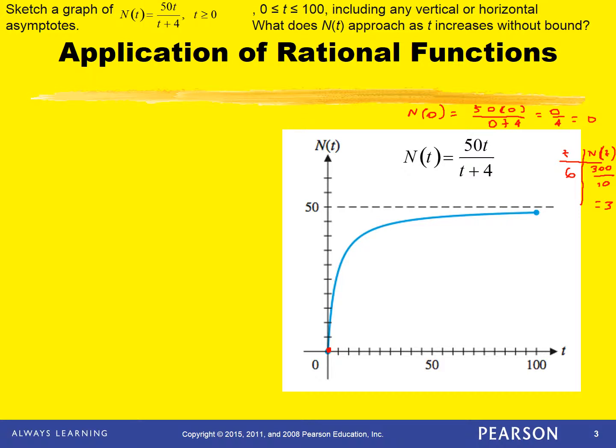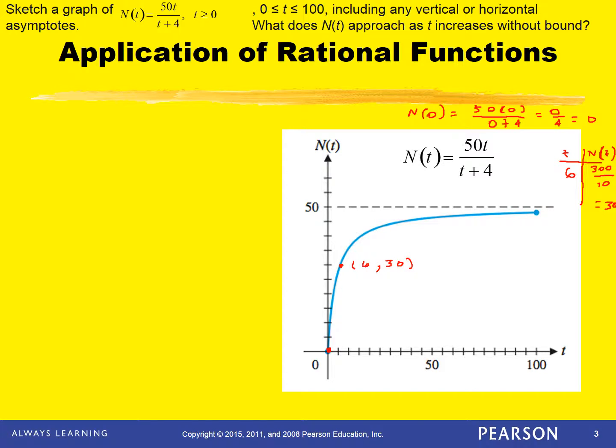So the point (6, 30) will be on the graph, as well as any number of other points that you could include if you wanted to.